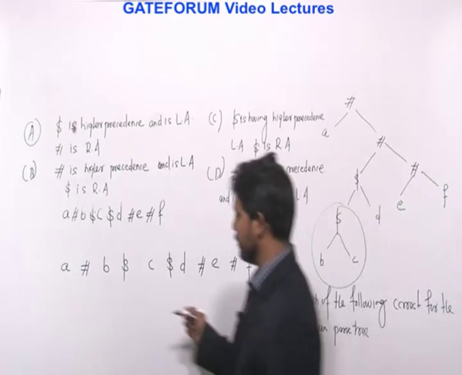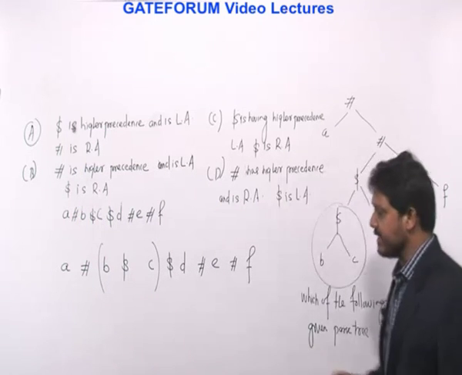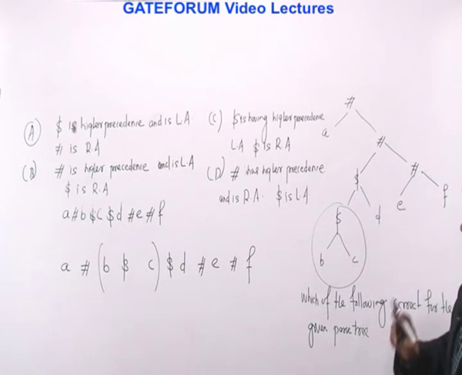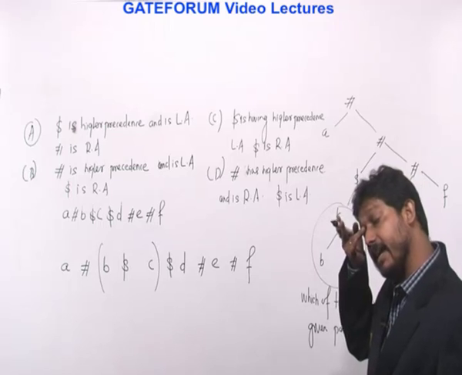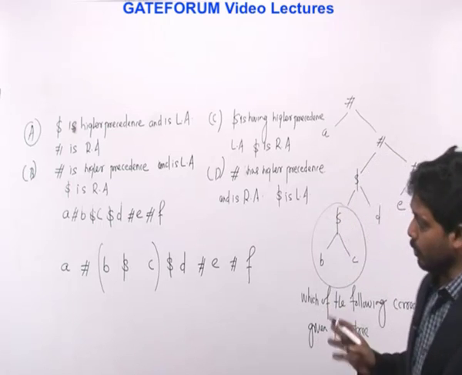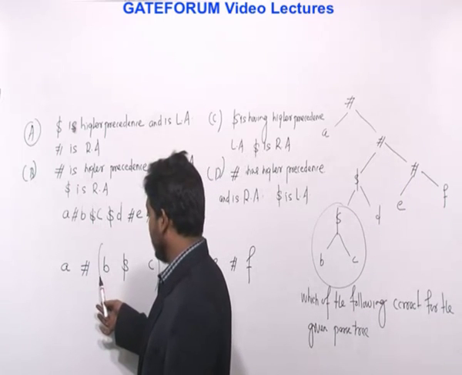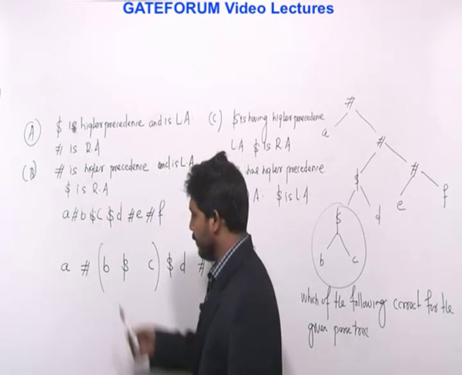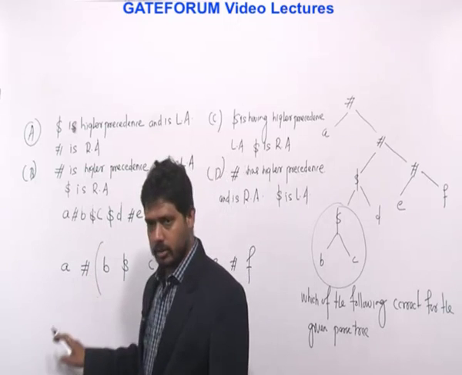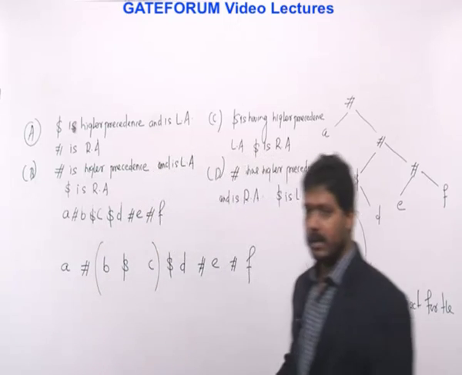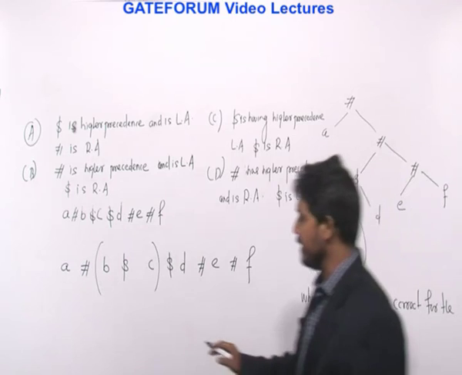Now this first parenthesization is saying something: for B, on left hand side and right hand side, both sides there is an operator. B left hand side has a hash and right hand side has a dollar. It can be associated with dollar also, hash also, but it is associating with dollar. That clearly suggests that dollar is having higher precedence than hash.